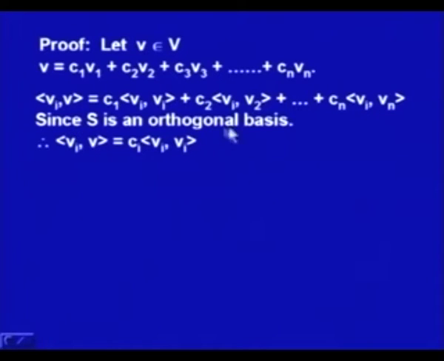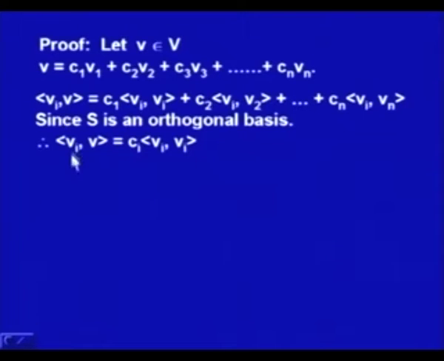Now, since S is an orthogonal basis, the inner product of v_i and v_j is equal to 0, and v_i comma v is equal to c_i multiplied by the inner product of v_i comma v_i. The rest of the terms will not contribute anything; only the ith term, in which we take the inner product of v_i with v_i, will be non-zero, multiplied by c_i.